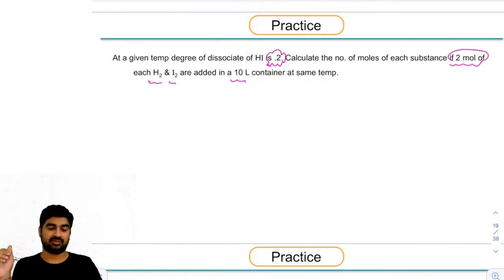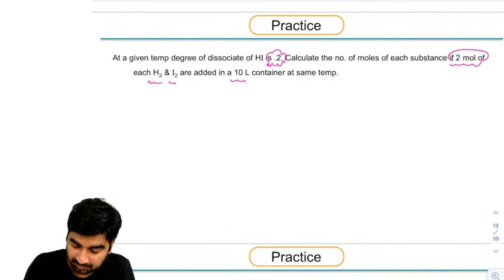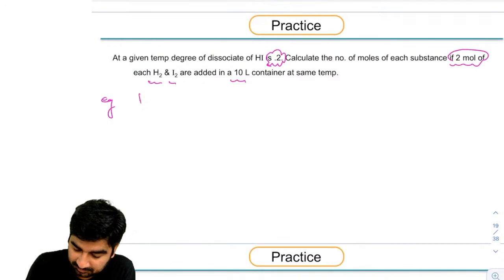At given temperature, degree of dissociation of HI is 0.2. So calculate the number of moles of each substance if 2 moles of each H2 and I2 are added in a 10-liter container at the same temperature. So how will you get it?